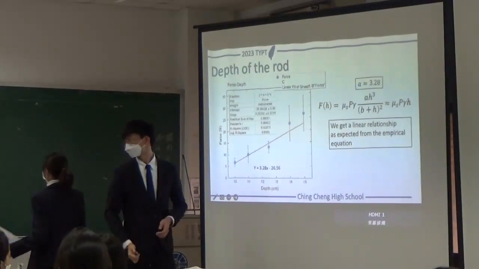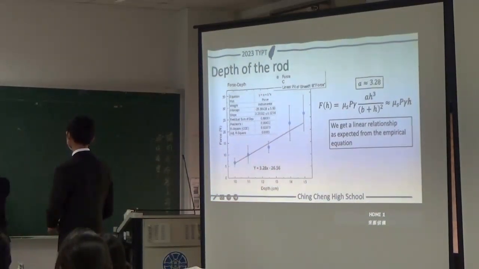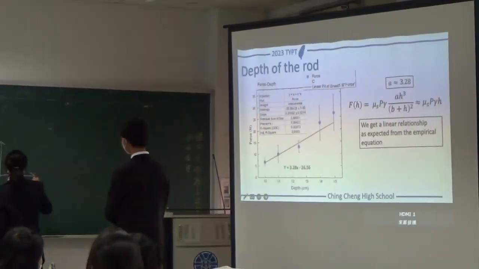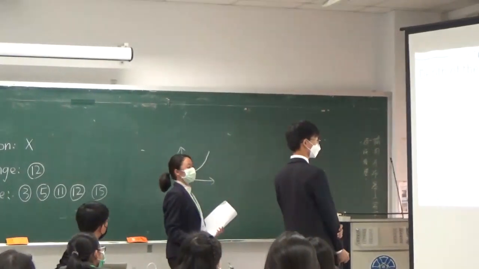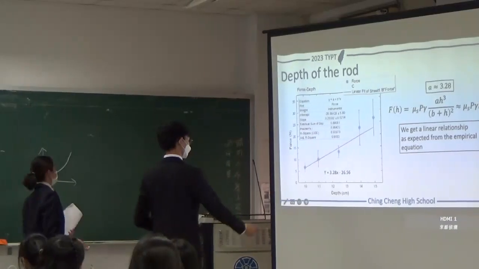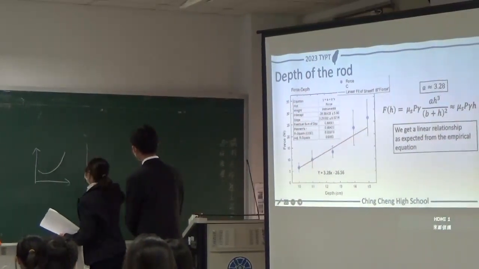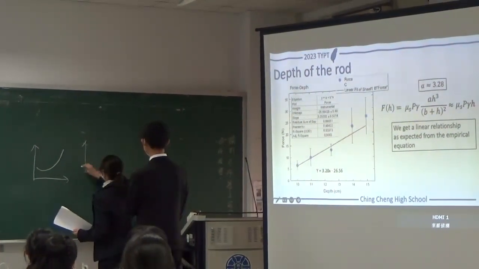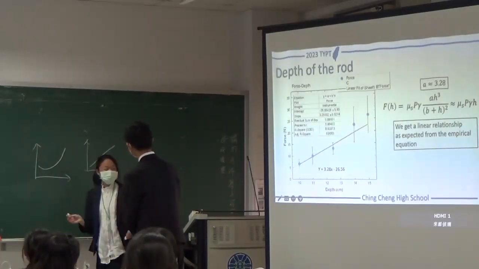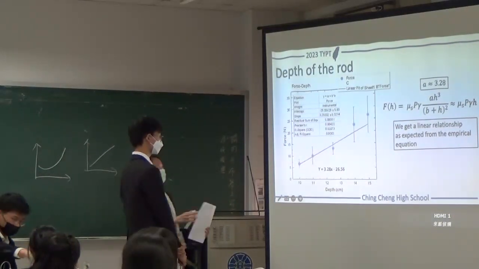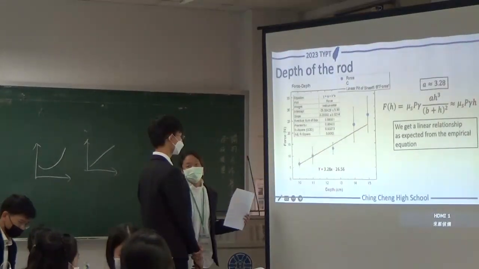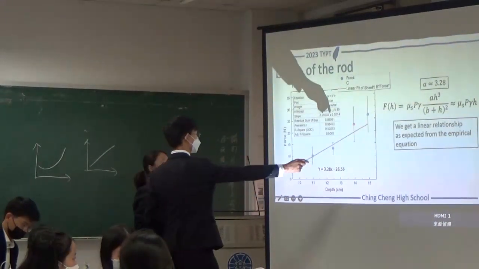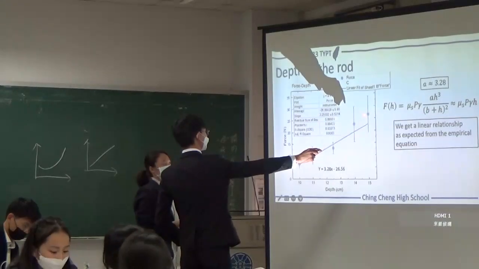Maybe I could go like this. I think this is better than pointing like this, because some of the points, like here, are obviously not really close to the average, right? Yeah, right.